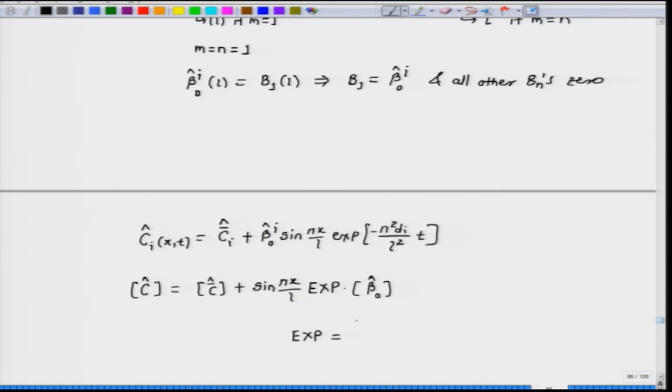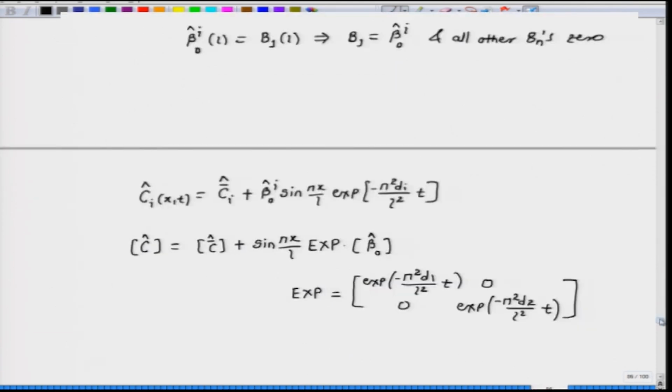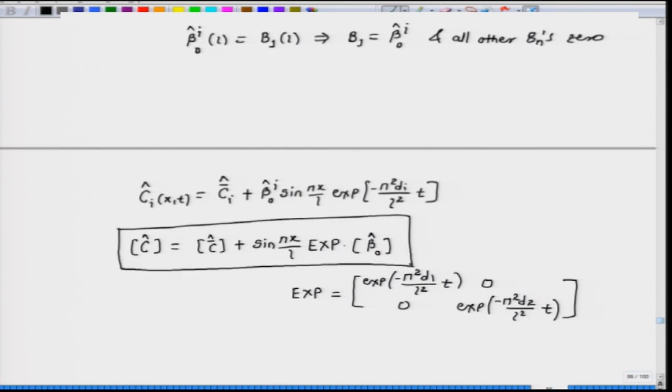So, for a ternary system, this is exponential of minus pi square d 1 by L square t, 0, 0, exponential of minus pi square d 2 by L square t. So, we got the solution for the concentrations in the cap basis.